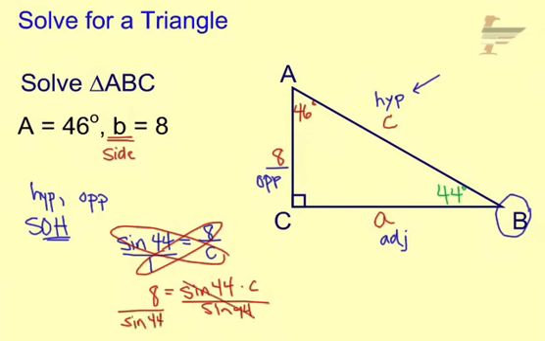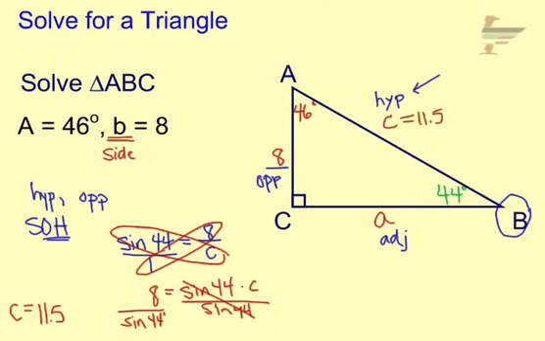At this point, we can go to the calculator and do 8 divided by sine of 44. Because this is 44 degrees, you want to make sure that your calculator is in degree mode. So when we do that calculation, we get 11.5. So now we know side C is 11.5.